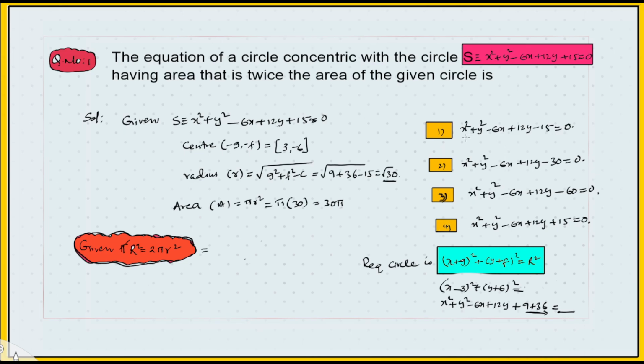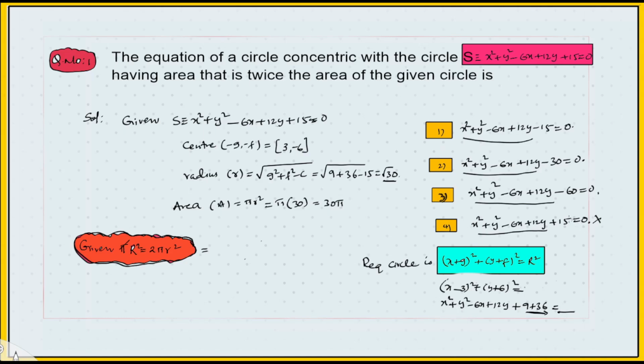Now you see here, all the 4 options have the first 3 terms the same as the given circle, just the constant is changed. The given constant is plus 15, plus 15 is also there, minus 15 is also there, minus 30, minus 30. So plus 15, this is the wrong option, given itself.